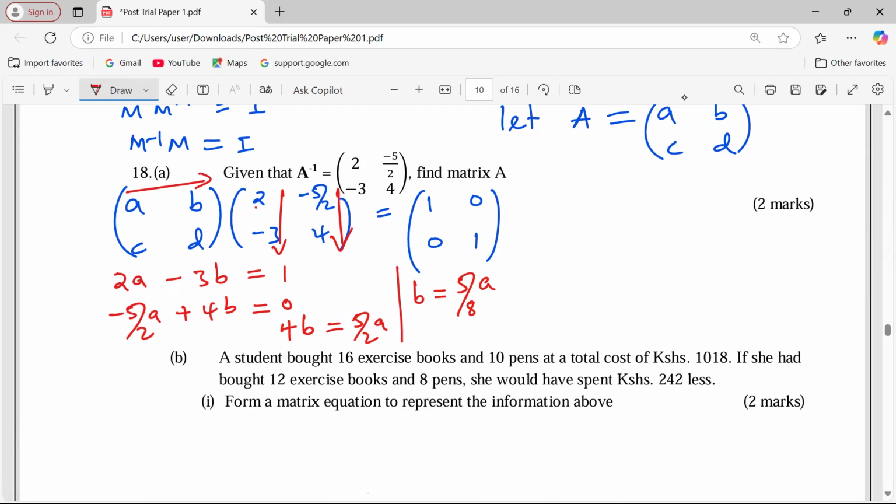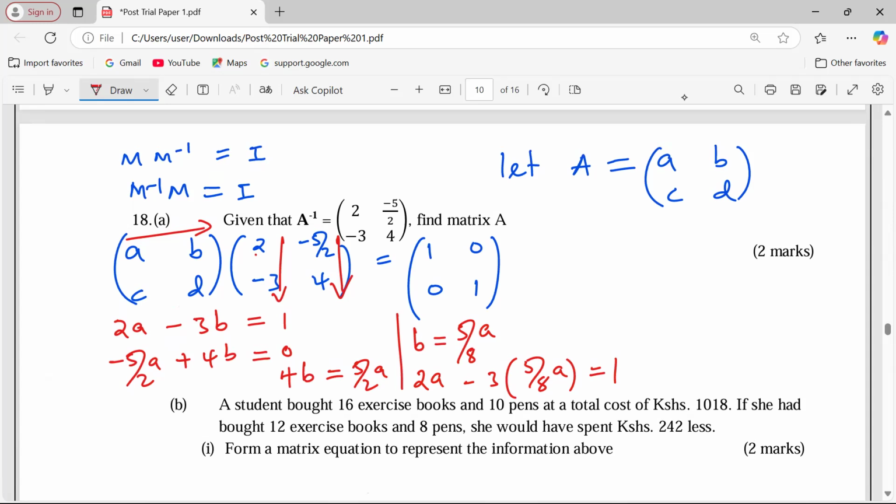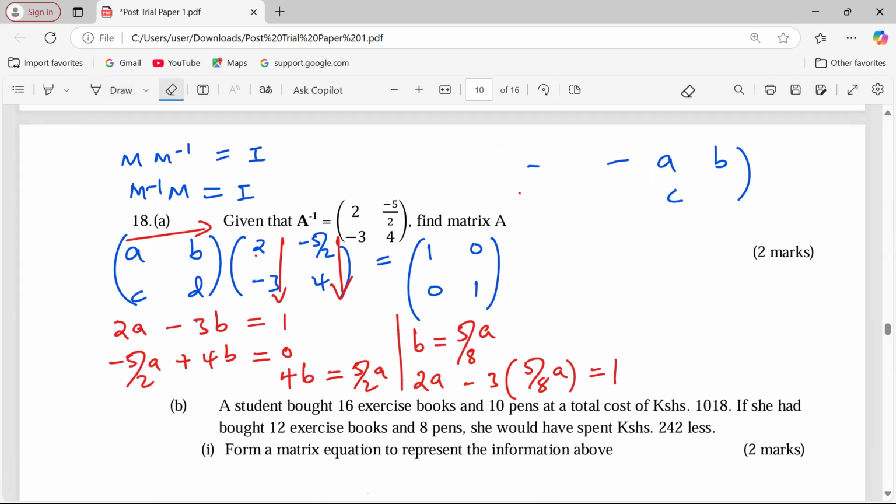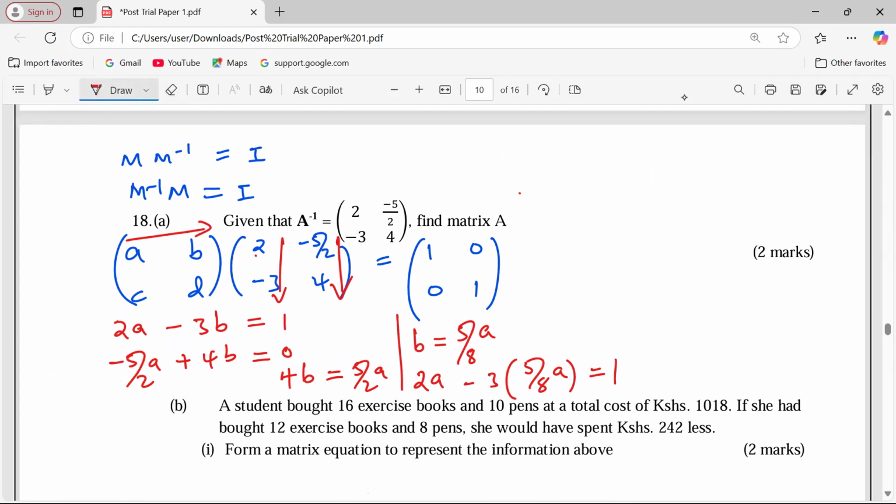So we talk about equation 1 now, whereby we'll have 2A minus 3 instead of B, 5 over 8A. This is equal to 1. Let me use the space up here. I hope you will coordinate. So I'm getting to this step, whereby I need to open brackets now, and say negative 15 over 8.